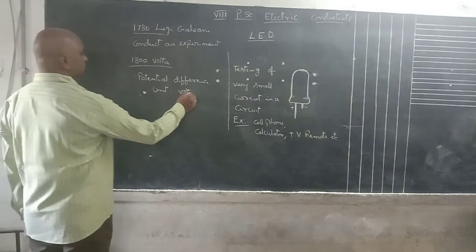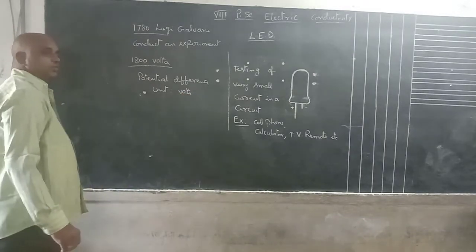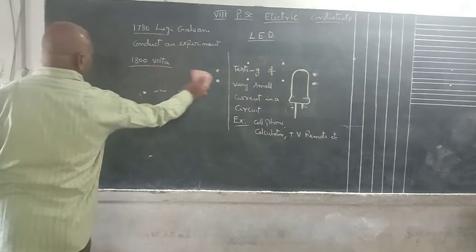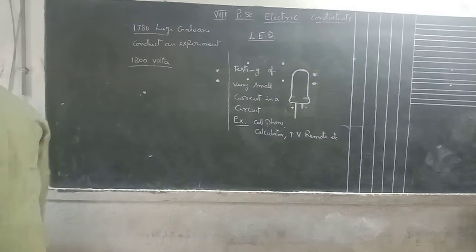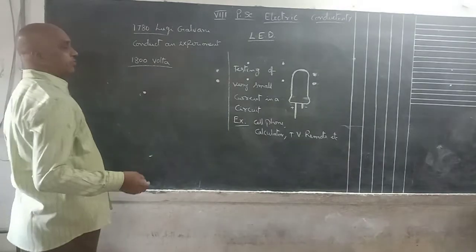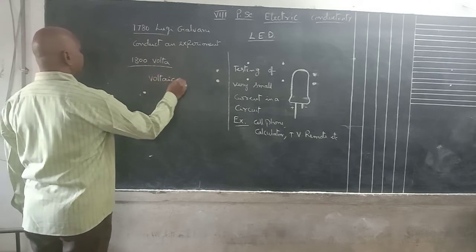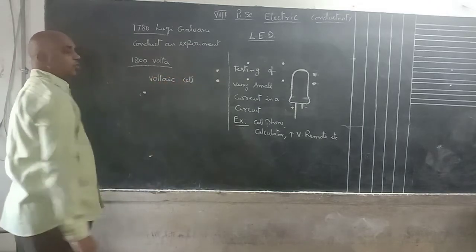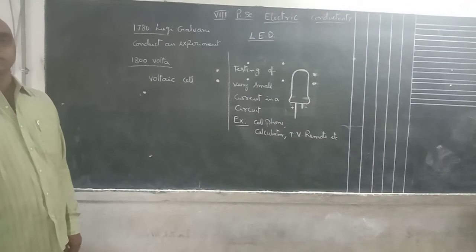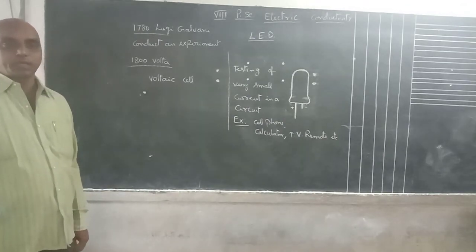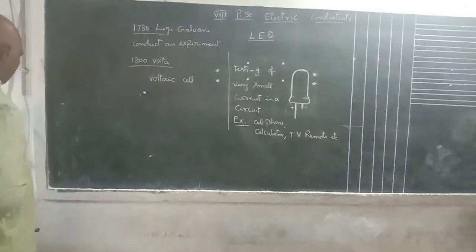Potential difference or EMF of a battery, we measure in volts. He prepared or manufactured one cell, that is called the voltaic cell. The first cell was manufactured by the scientist Volta, that is called the voltaic cell. Okay, next one.